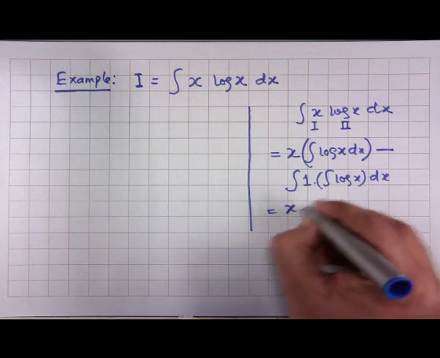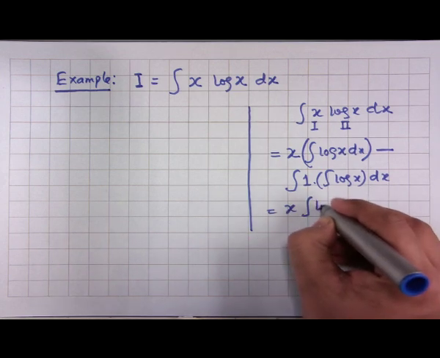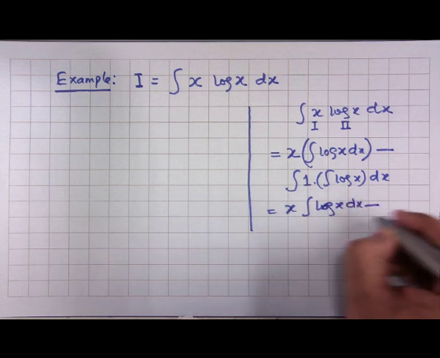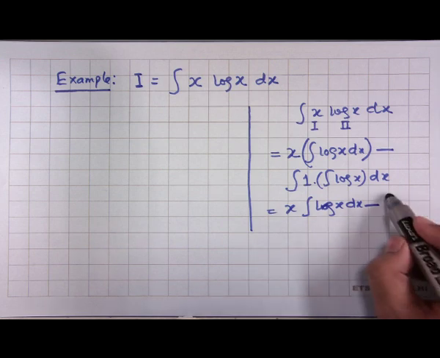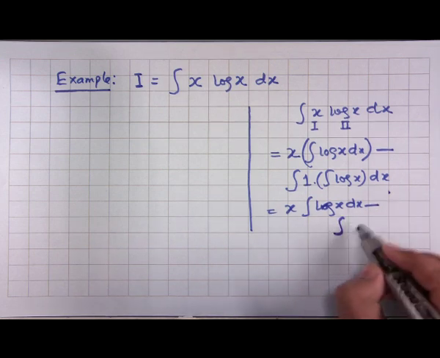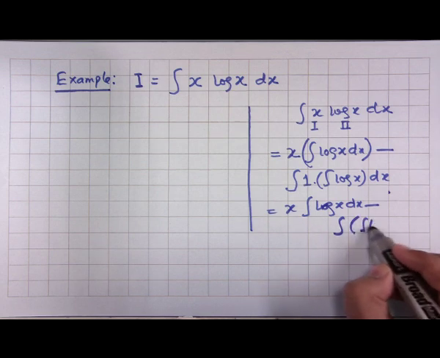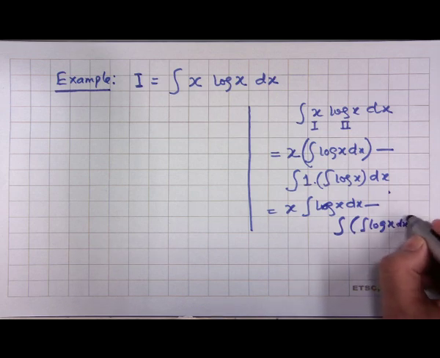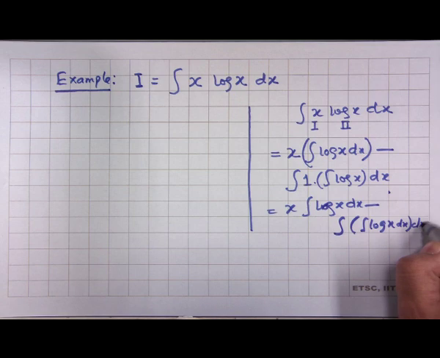So, this ultimately becomes x integration of log x dx minus integration of integration of log x dx and then dx.